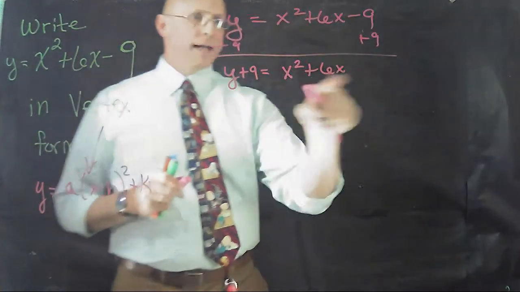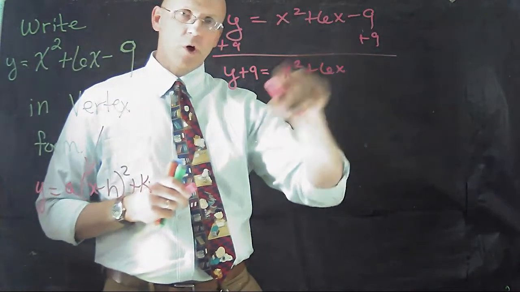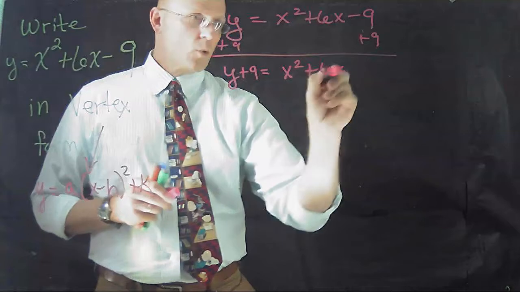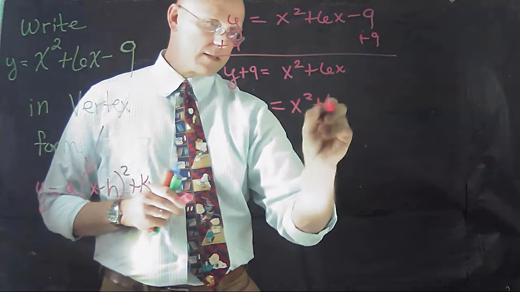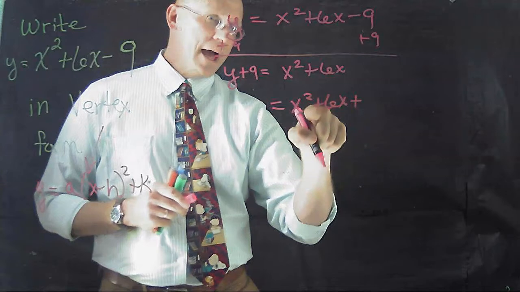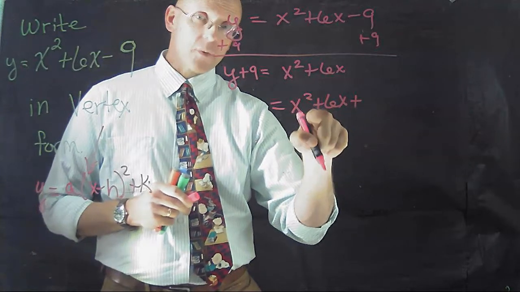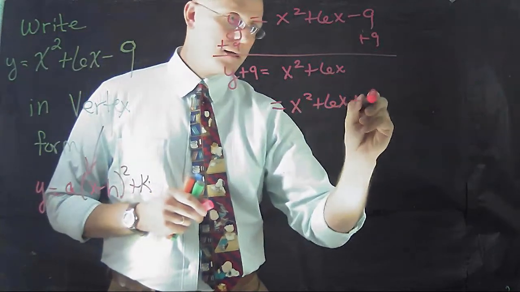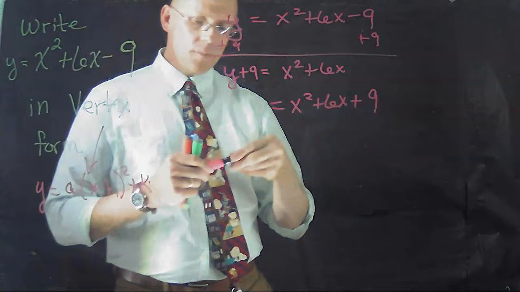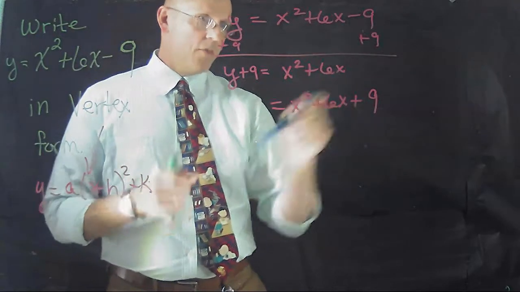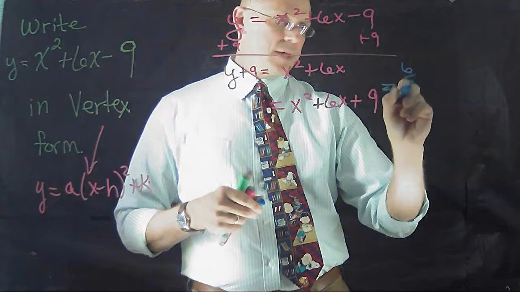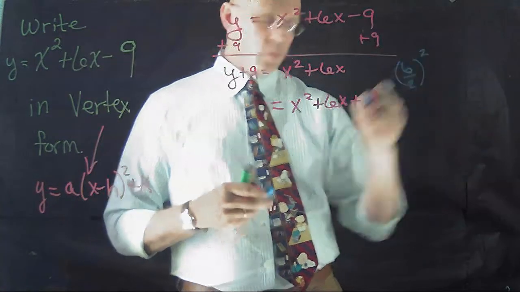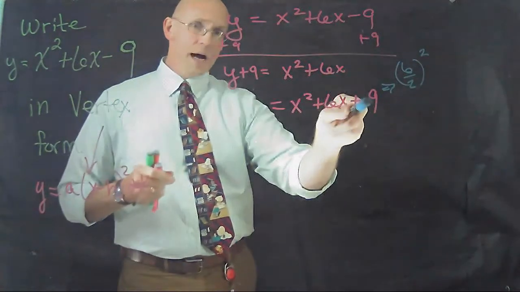Okay, now I want to make this a perfect square trinomial on the right. So what would I have to do? I would have to make this x squared plus 6x plus half of 6 is 3. 3 squared is 9. Again, this number right here is 6 divided by 2, squared. That's where this 9 came from.